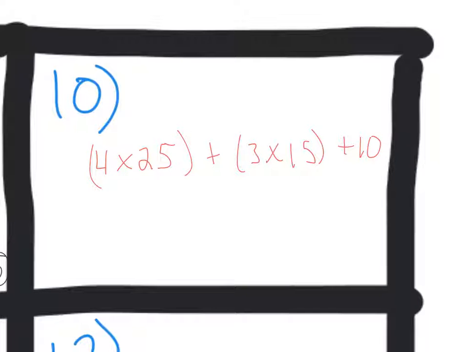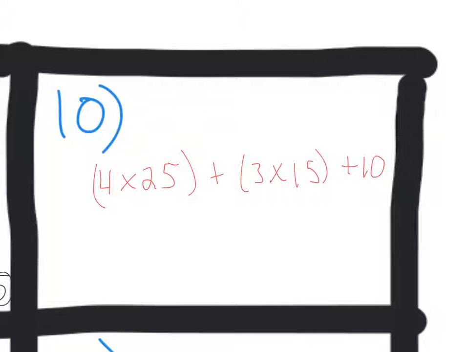Alright. Write an expression for the total cost, which we already have here. Then find that total cost. Okay, we've pretty much already set up our expression. We can start solving working within parentheses first. 4 times 25 gets you 100. 4 quarters makes $1. 4 times 25 is 100.